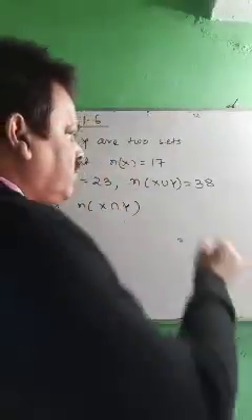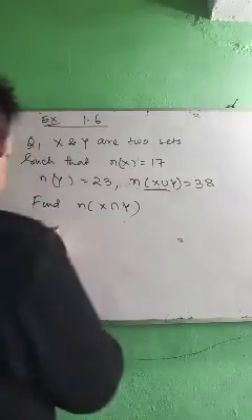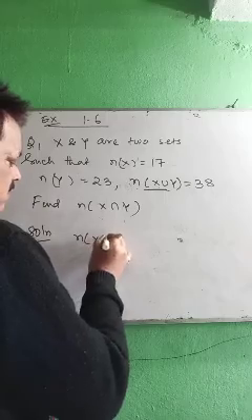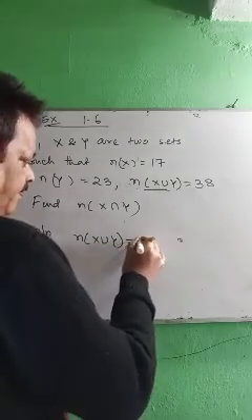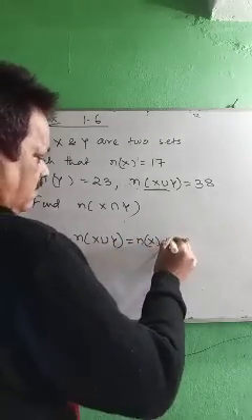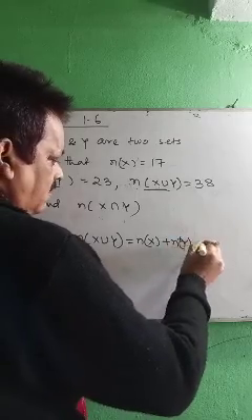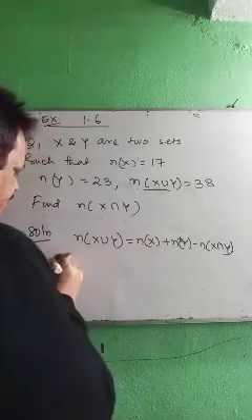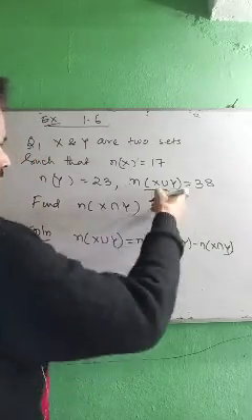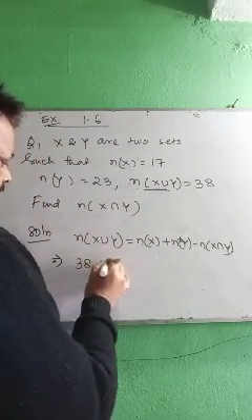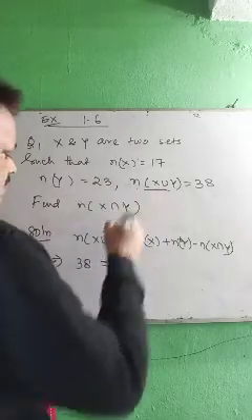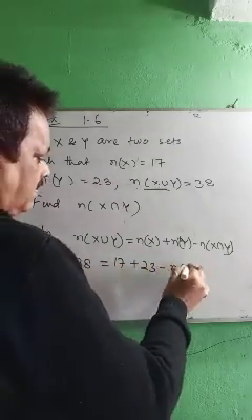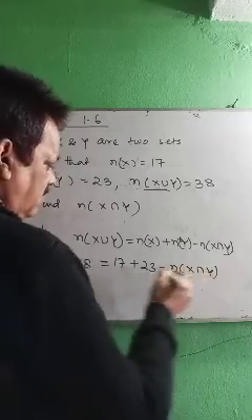Okay, the union formula we write. The formula is n(X union Y) equals n(X) plus n(Y) minus n(X intersection Y). So this is 38, n(X) is 17 plus 23 minus n(X intersection Y).